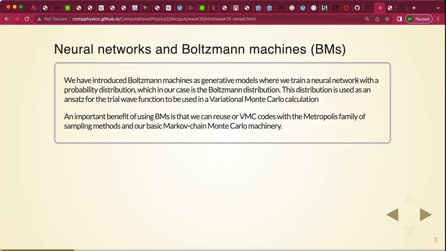But what I want to do today is to outline the pros and the cons of the different approaches. As we discussed last week, Boltzmann machines belong to that category of deep learning methods which are called generative models. That means that you train a neural network with a probability distribution.